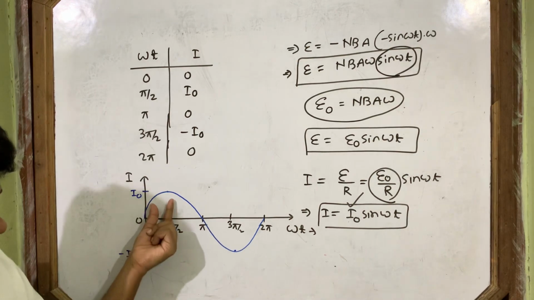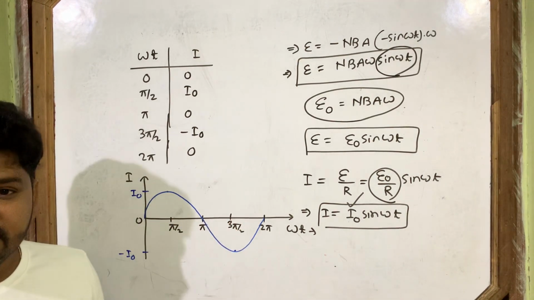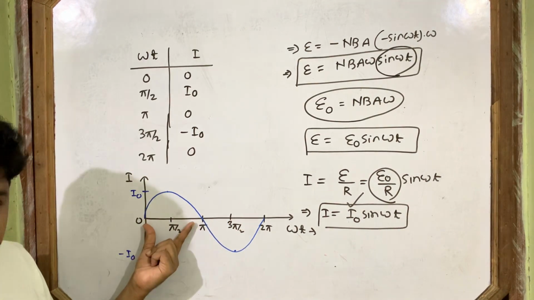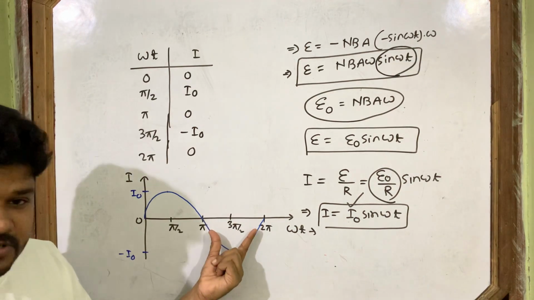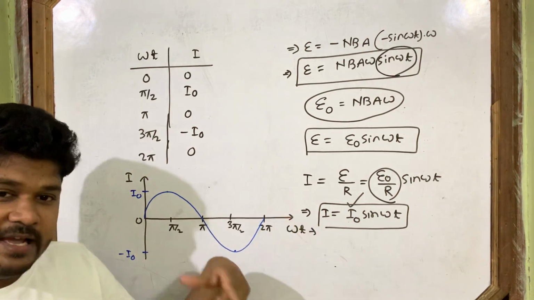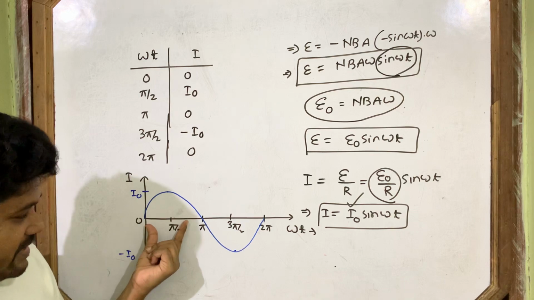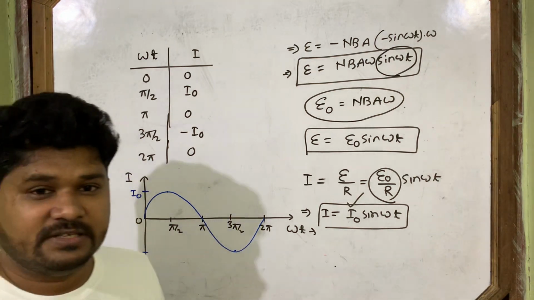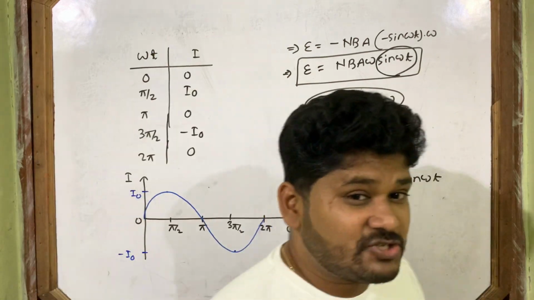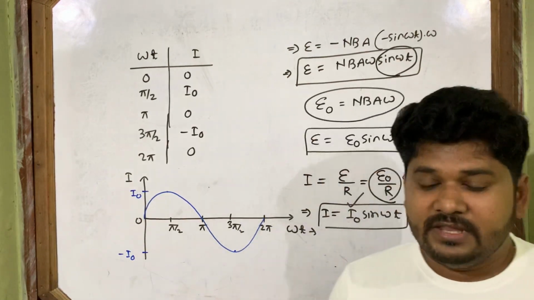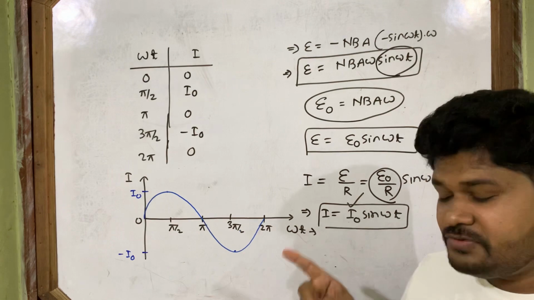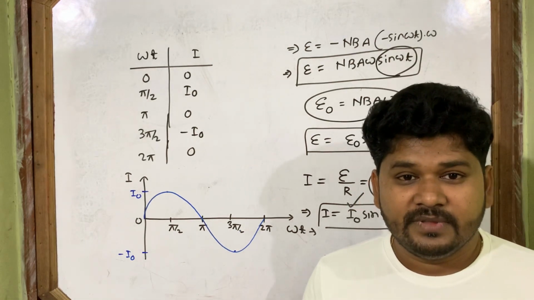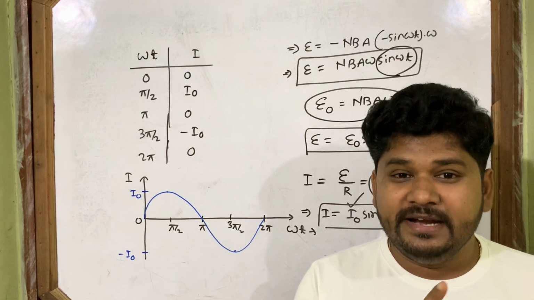So can I say it changes direction periodically? It remains fixed for some time, then changes, and again changes after a particular interval of time. So we get a current that changes its magnitude continuously but its direction periodically.